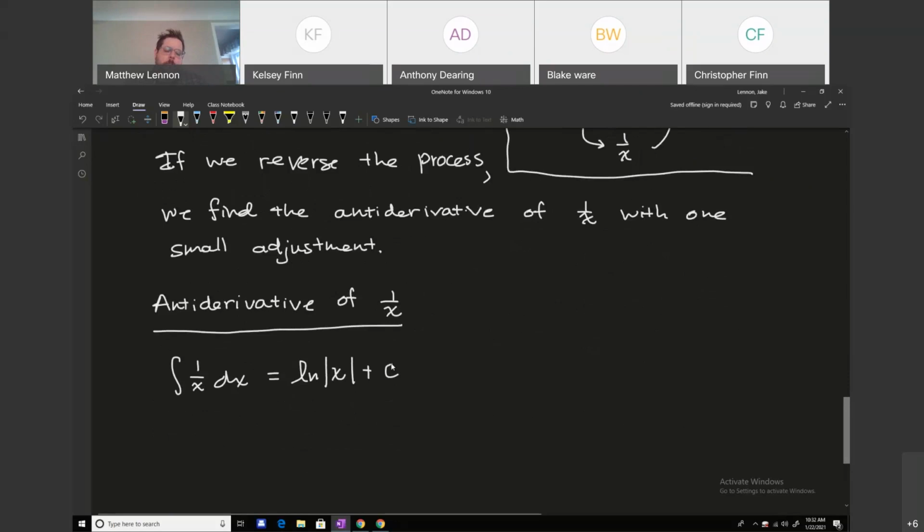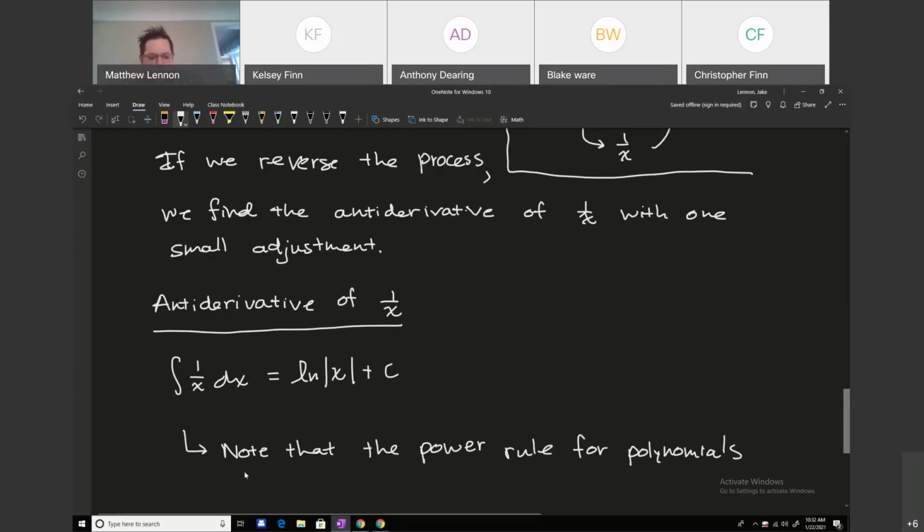So another thing to note is, note that the power rule for polynomials and power functions does not work here.